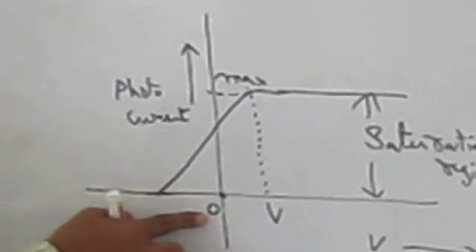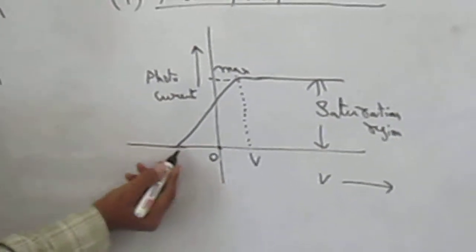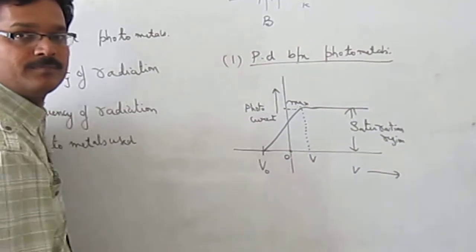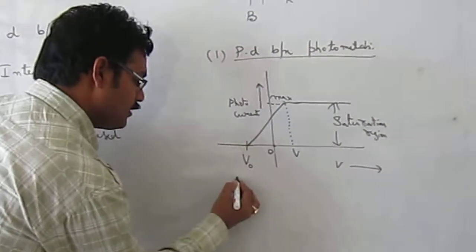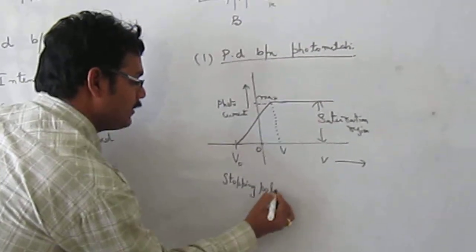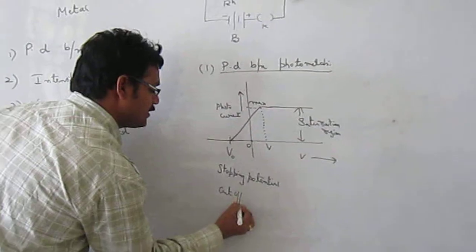Now, from the origin if you move backwards, that means when you increase the negative voltage, photocurrent decreases. At one negative voltage, the photocurrent becomes zero. This negative voltage is called the stopping potential, or also the cutoff voltage.